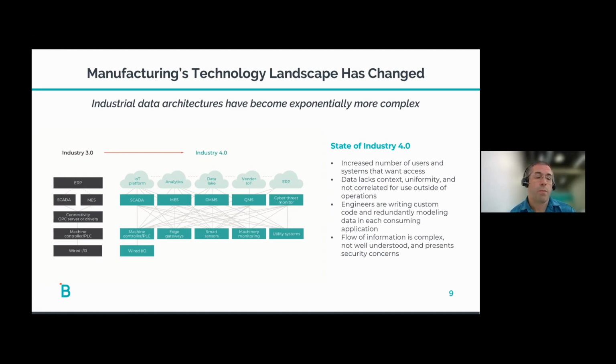I think a lot of people have heard the term Industry 3.0 and Industry 4.0, or the fourth industrial revolution. Industry 3.0 was all about process automation and automating our facilities so that they can produce manufactured goods, or they can execute whatever needs to happen in an industrial setting.